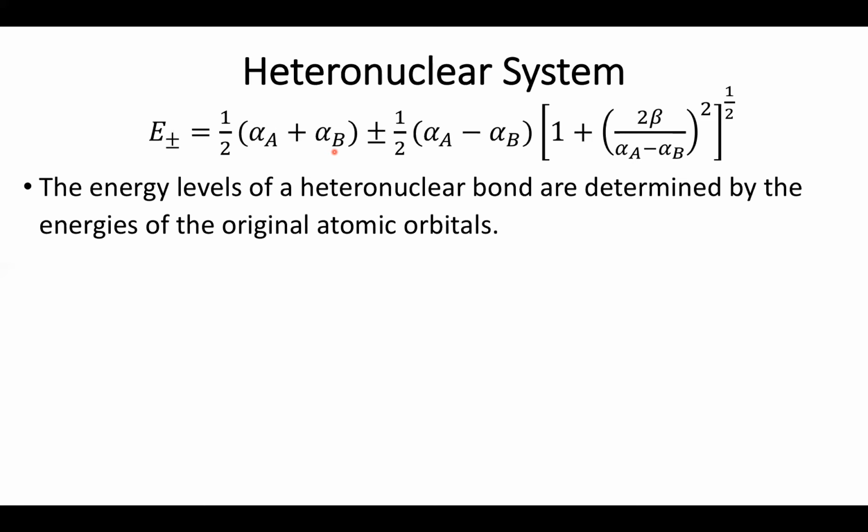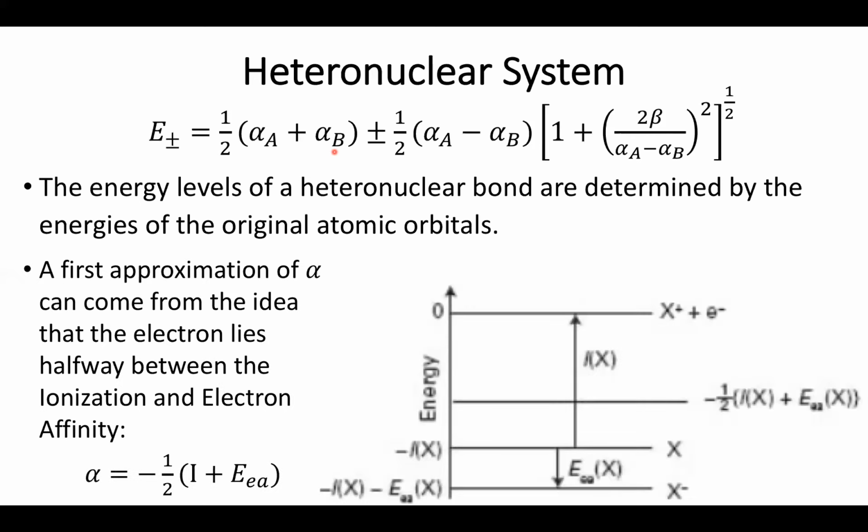So one of the major approximations we can do is saying that I'm not going to just care about the ionization energy, I'm also going to care about the electron affinity. So the true orbital energy can be thought of to a certain extent as an average of the ability of the electron to leave and the ability of the atom to collect a different electron.